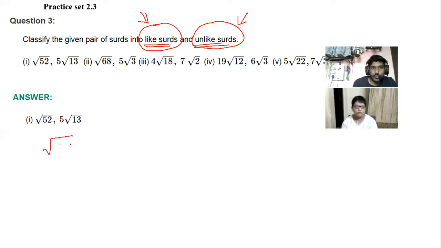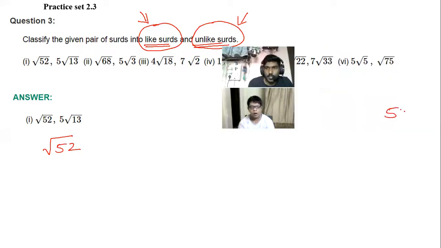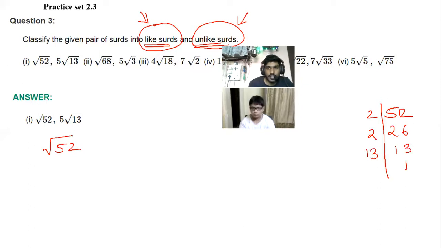First one is root of 52. First, we will reduce it. Use the prime factor method: 2, 2s are 4, 2, 6s are 12, then 2, 1s are 2, 2, 3s are 6. 13 is a prime number.